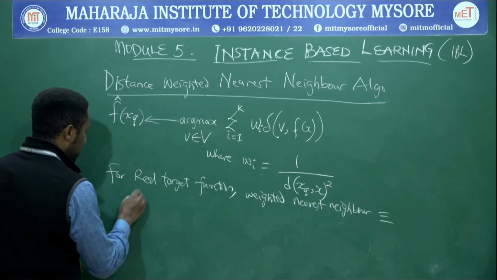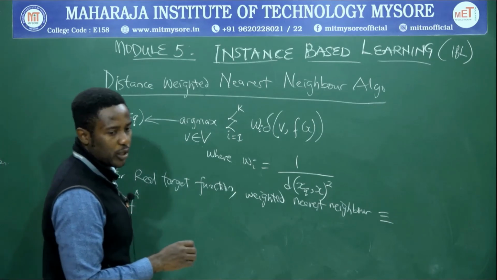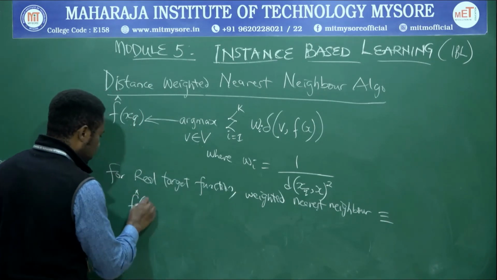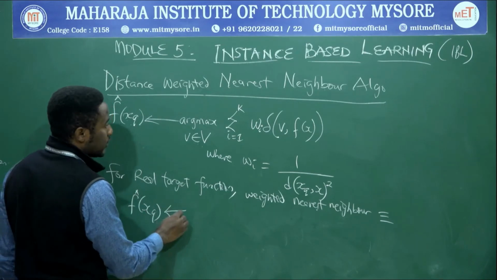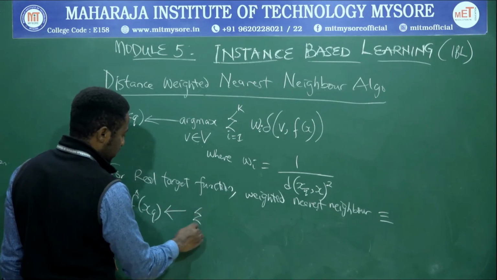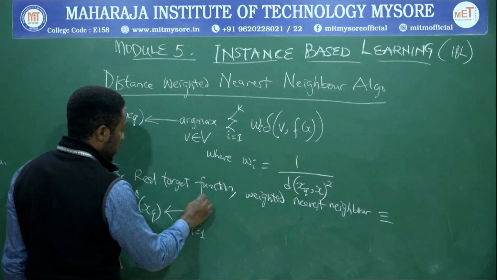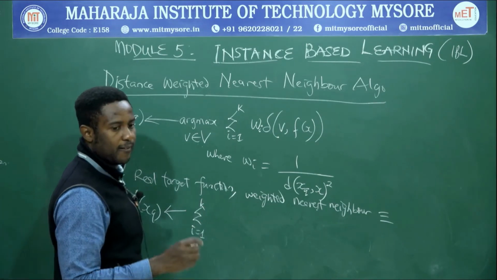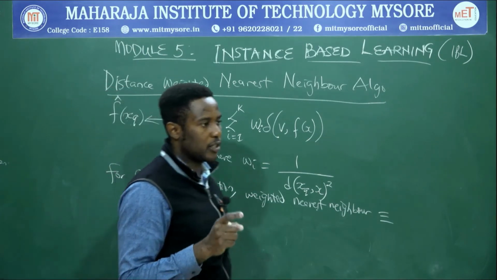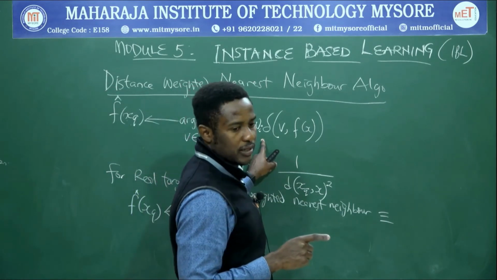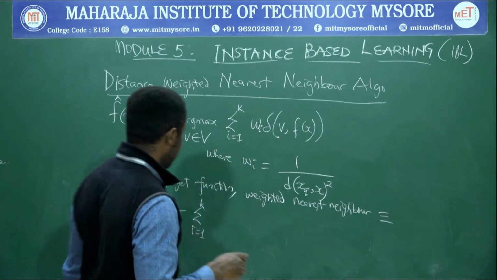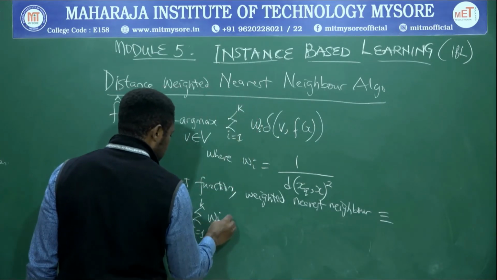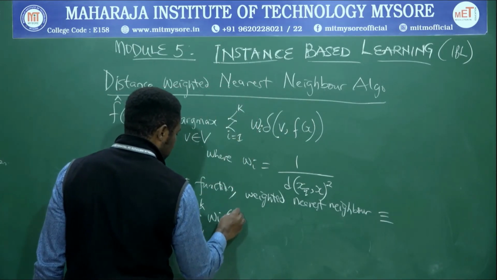This is the updated value. f of xq for real value will be, quickly, the same summation as i goes from 1 to k. Now what did we get? We introduced the weight with f of xi. Yes? So we introduce the weight with f of xi.